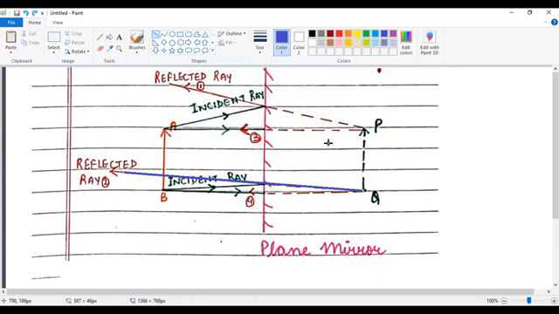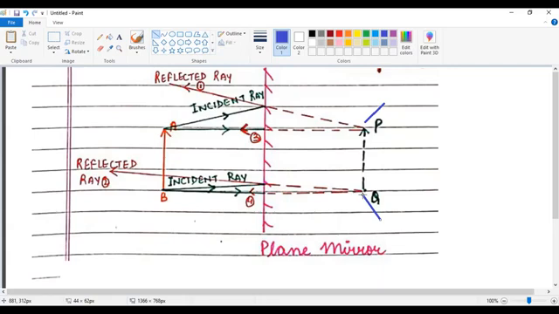So wherever the reflected rays are intersecting at the top and at the bottom, these will be the 2 points where the image is formed.